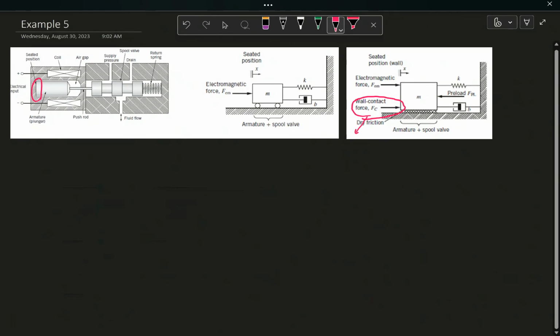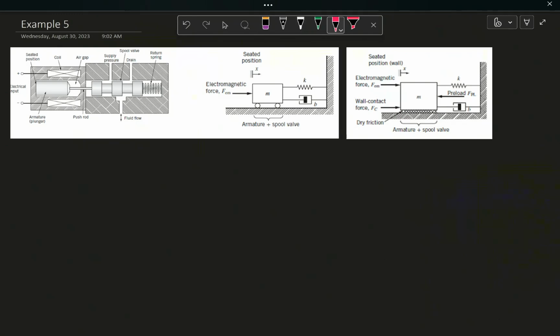You see that? You have a present-absent behavior, an existing, non-existing behavior, and you want to model this behavior in this problem. In this problem, we also assume that we have a dry friction between the spool and the wall as well. So, let's get into it.